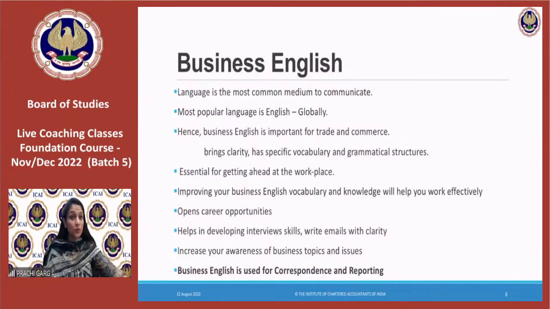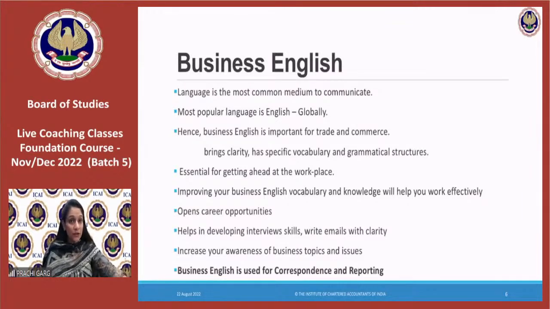It opens career opportunities. Just imagine you don't know English. You can choose for yourself, for example, you can be a teacher maybe, or a doctor. So these days at so many places, the requirement is that you should know English, right?